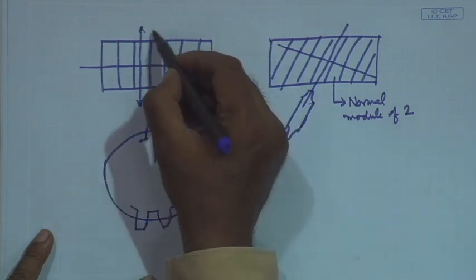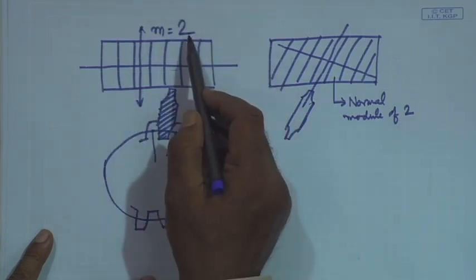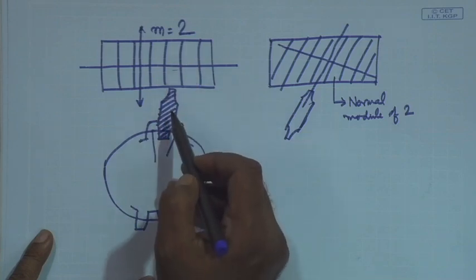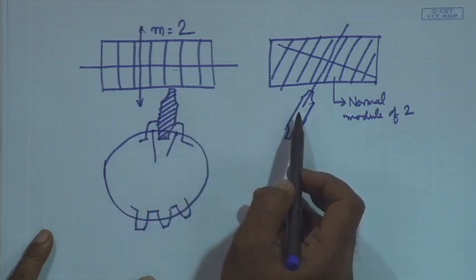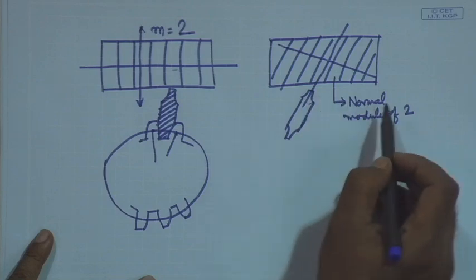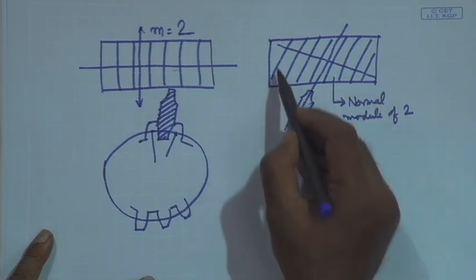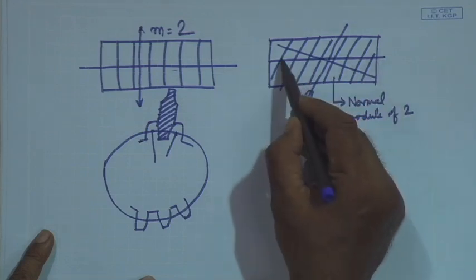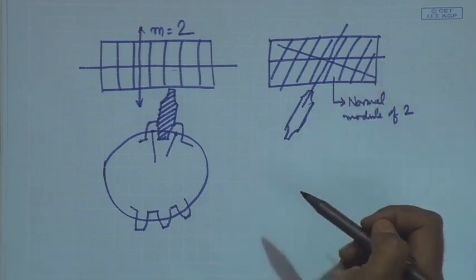Here the module is 2 for the spur gear. This is the cutter with module equal to 2. The same cutter used here defines the normal module of the helical gear. Okay, so, we say that the normal module of the helical gear is 2, that is fine. So, in this direction the distances between the teeth will be different if you cut it along this direction.